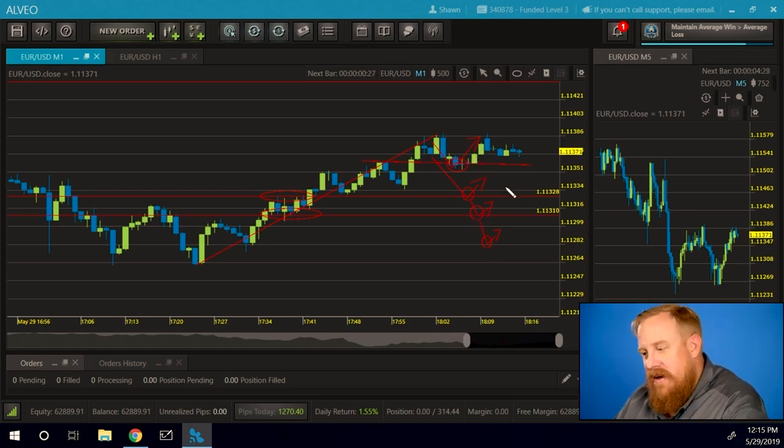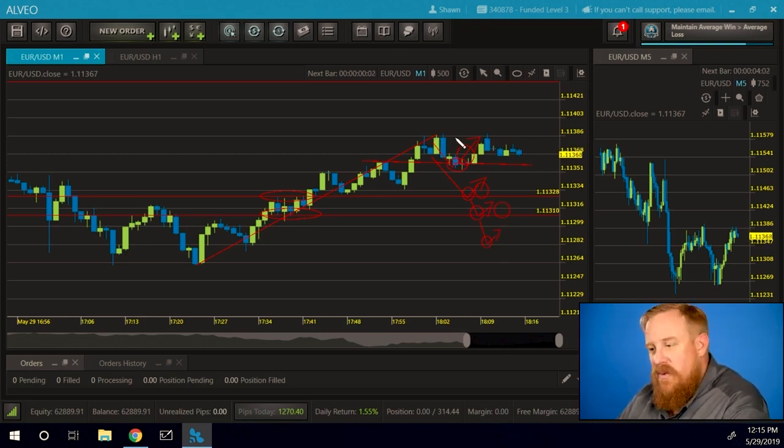Because, as that pulls back, it will tend to find support at one of those layers. And so as I'm looking for that, the market's pulling back, add a layer here, right? The market decides to drop down, I'll be looking at adding a second layer at this point.